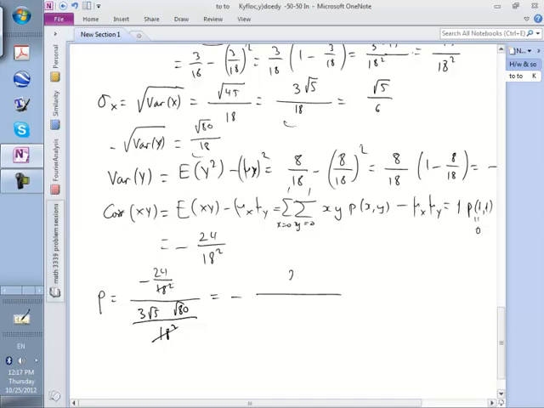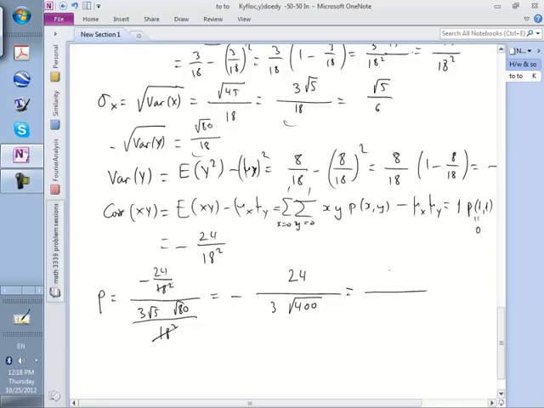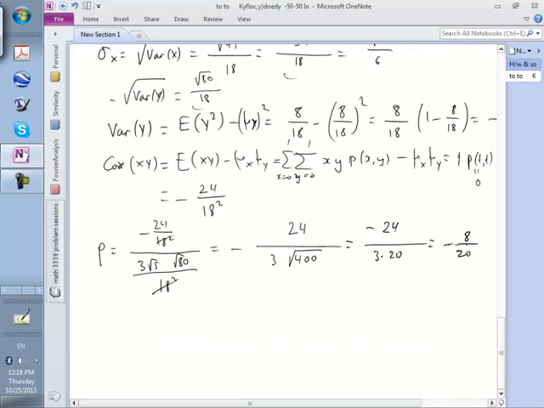You have negative 24 over 3 times the square root of 400. What is the square root of 400? 20, correct. So you have negative 24 divided by 3 times 20. Well, simplify and you get a cleaner number: negative 8 over 20, you can simplify it by 4 again, and that's the answer to the problem.